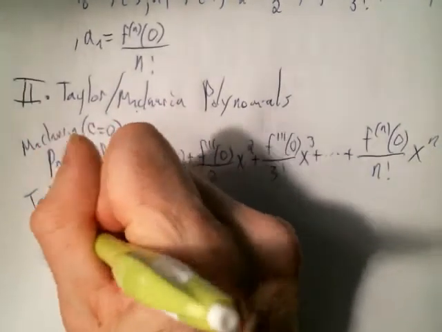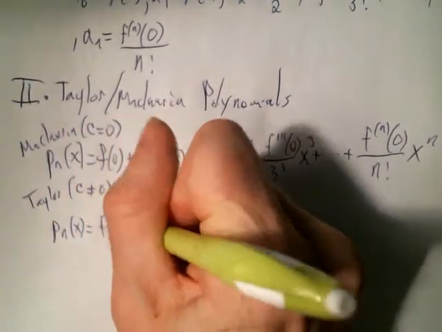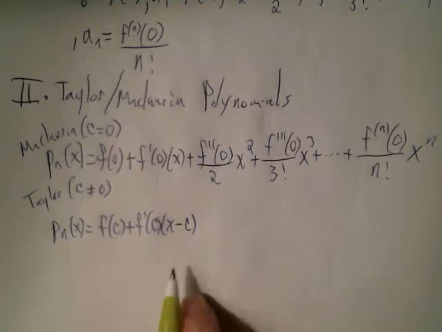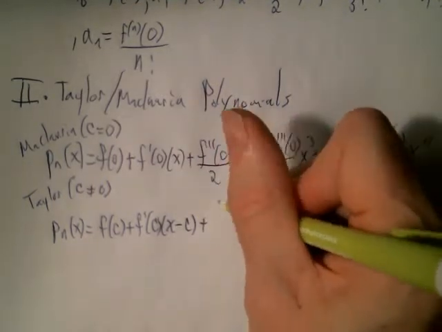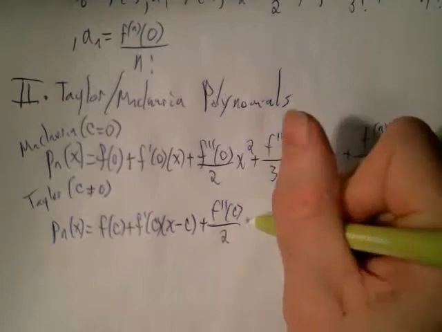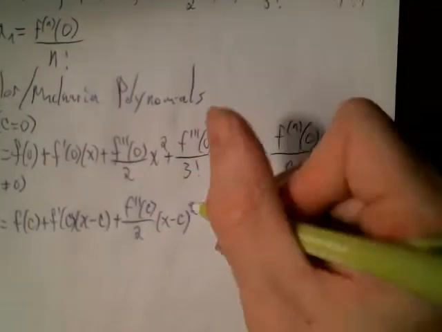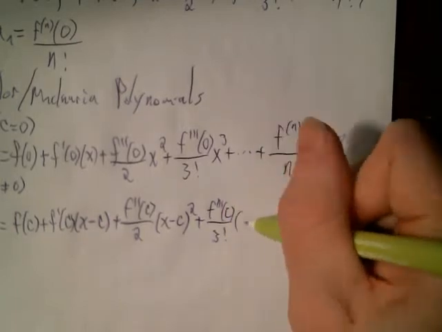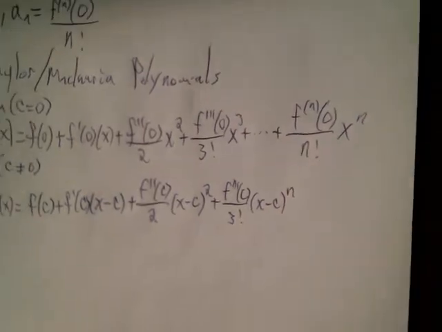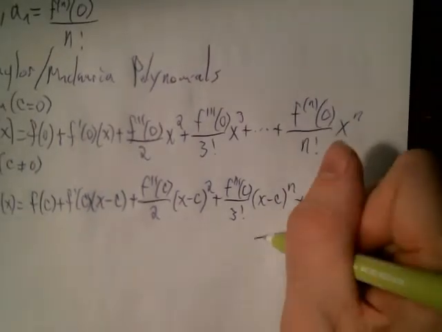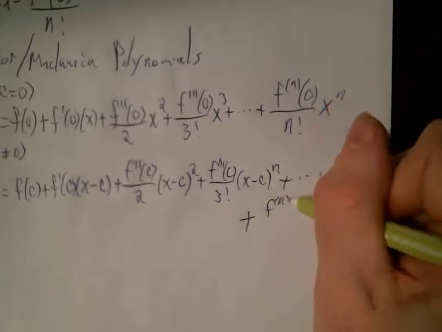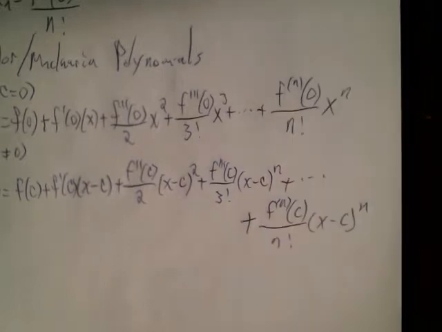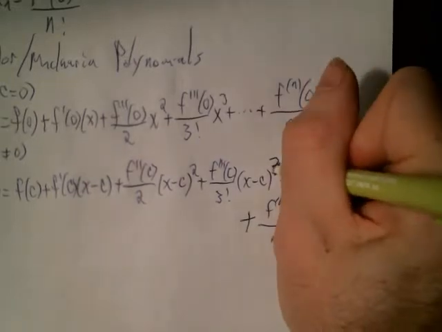So the Taylor will look like this: f of c plus f prime of c times, and this is where it's a little different, you have to shift over by x minus c, plus f double prime of c all over 2 times x minus c squared, plus f triple prime of c all over 3 factorial times x minus c to the third, obviously, and so on, plus the nth derivative evaluated at c all over n factorial times x minus c to the n.